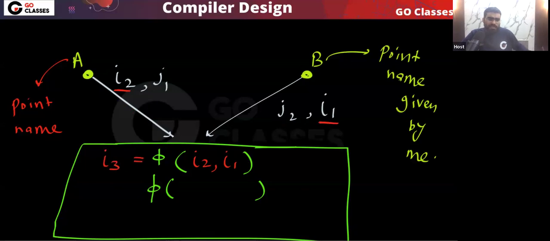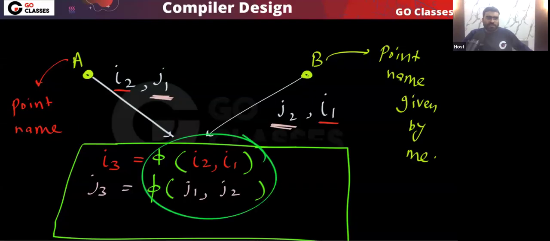Then the same convention you should follow for j, j1, j2. Is this clear? Please tell me, it is a simple point, not a complicated one.